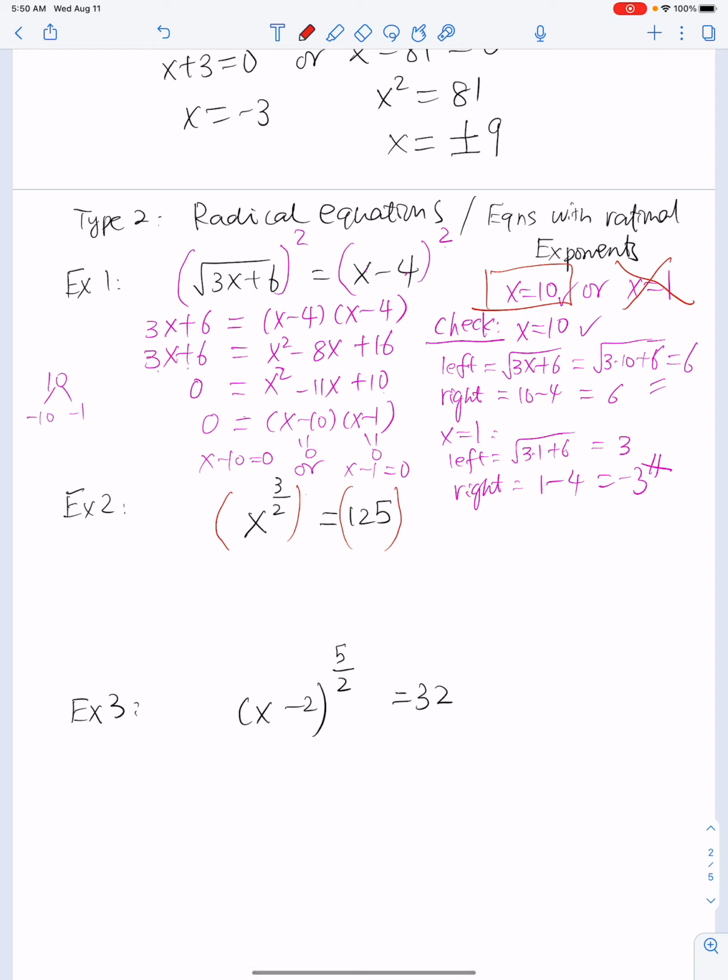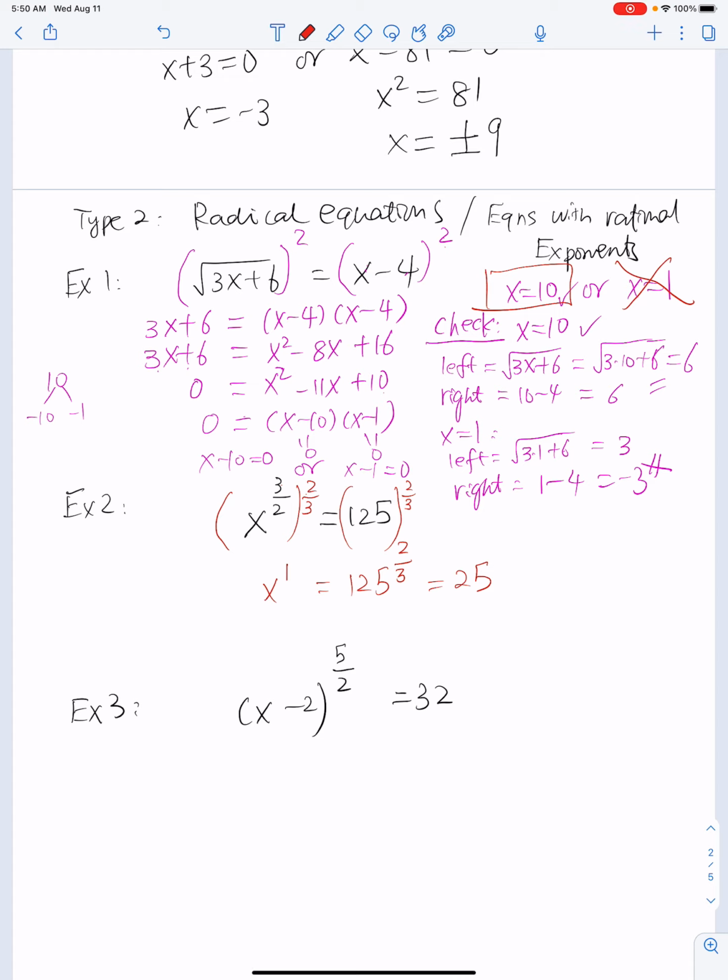How could you make a 1? 3 over 2 times what? 2 over 3. So what do you have? x to the 3 over 2 times 2 over 3 cancels, x to the 1 equals 25 to the 2 over 3. Yes, you can use your calculator.